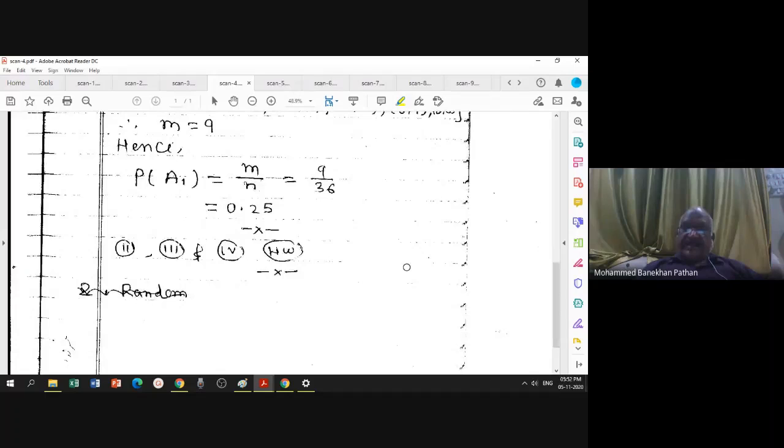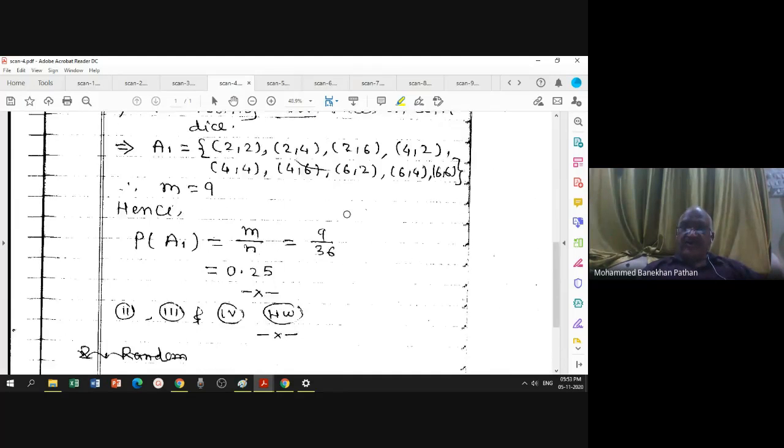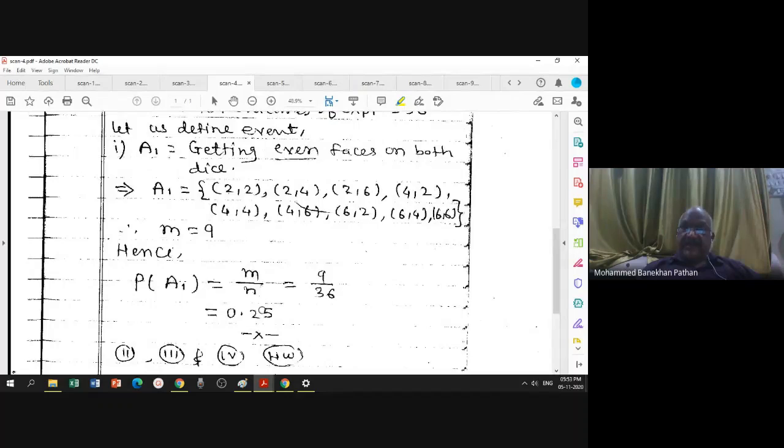Now what I did, I kept the remaining 2, 3, 4 as homework because it is not that difficult. So I will advise all the students to solve this question, bit number 2, bit number 3 and bit number 4, by using this way. That means for the second event, define A2, get the elements of A2, write m, and write the formula of classical probability.